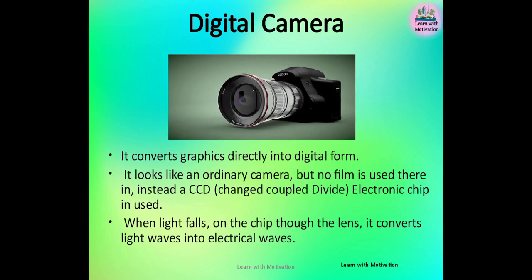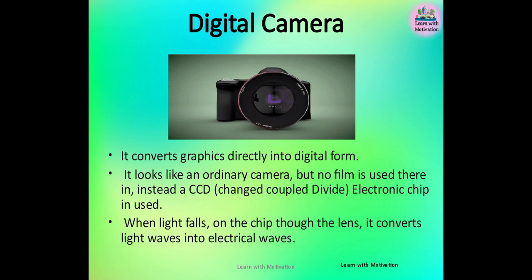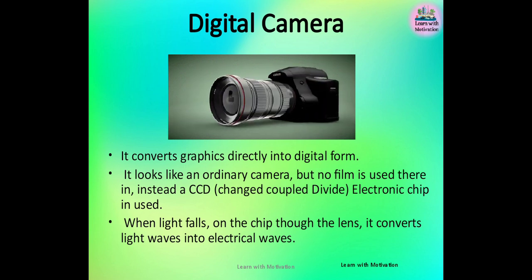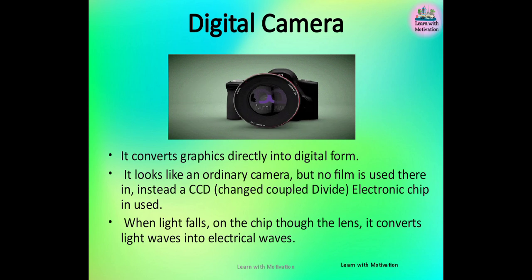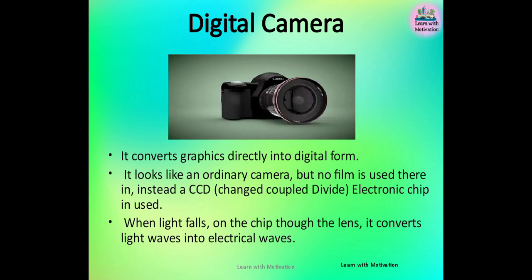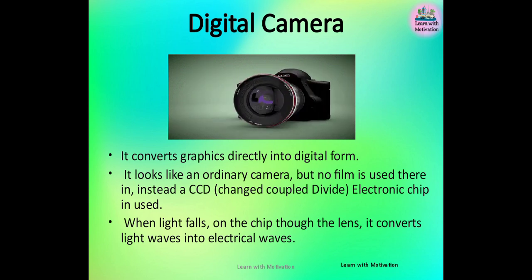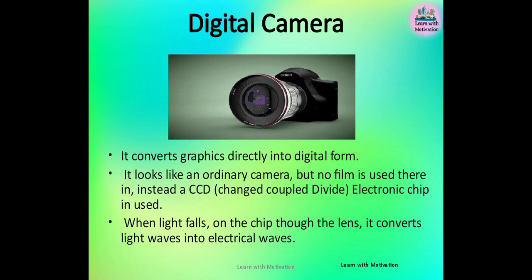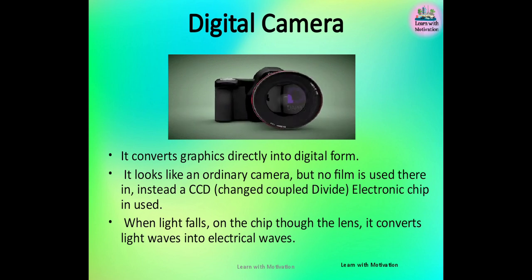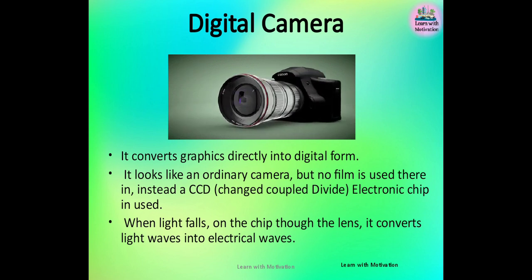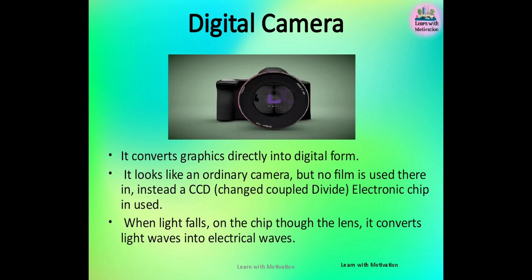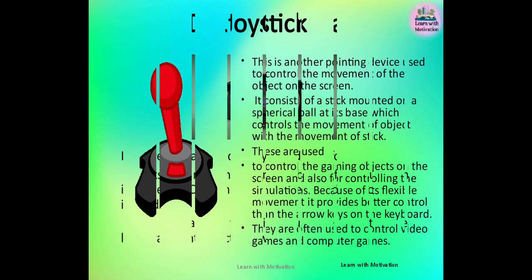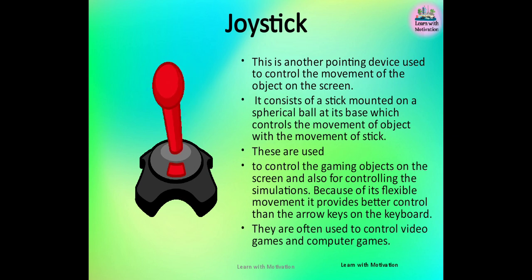Digital camera. It converts the graphic directly into digital form. It looks like an ordinary camera, but it has no film inside it. It has a chip, which you can say is a memory chip. When light falls on the chip through the lens, it converts light waves into electric waves. Joystick. Many people play games with the help of a joystick.